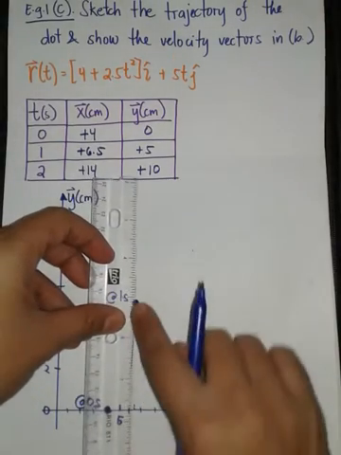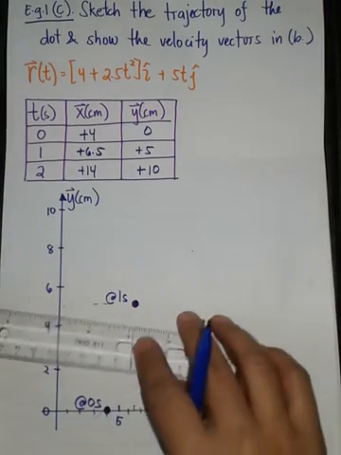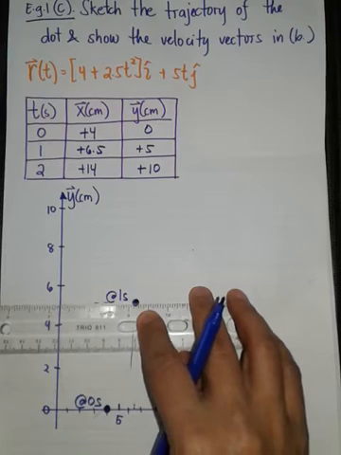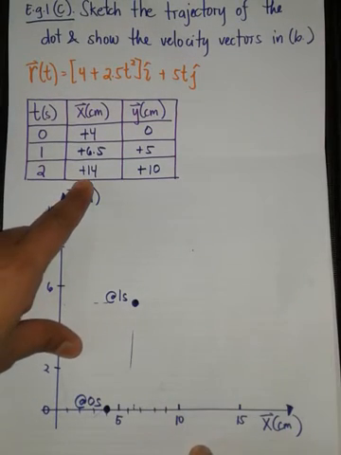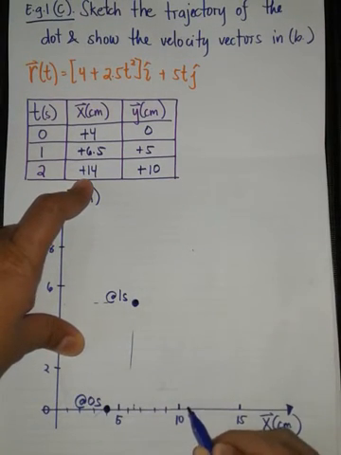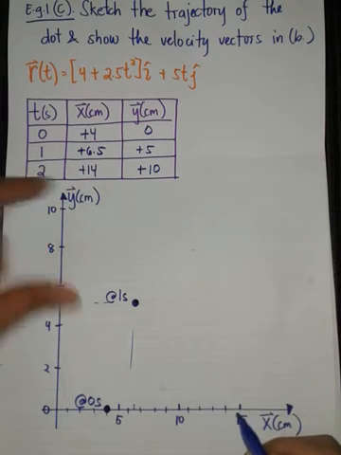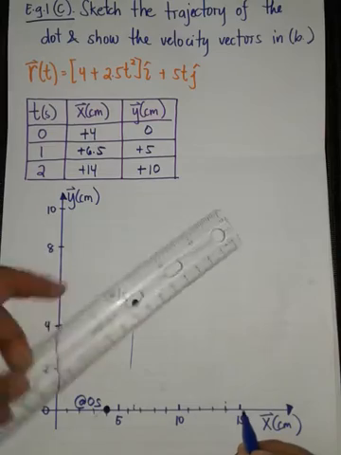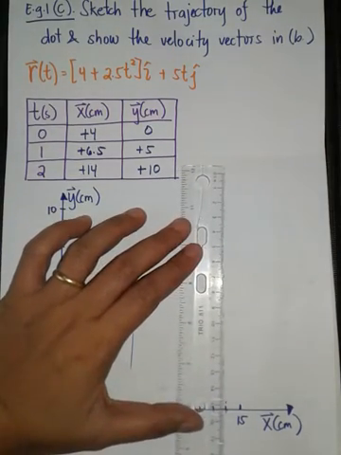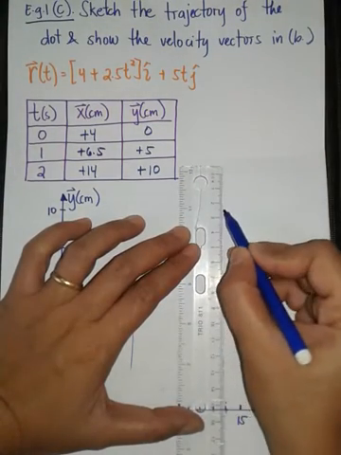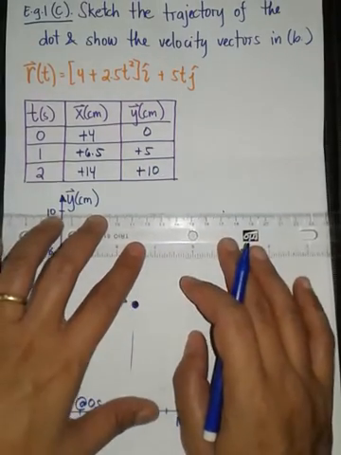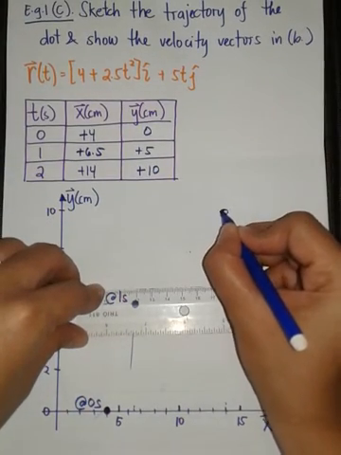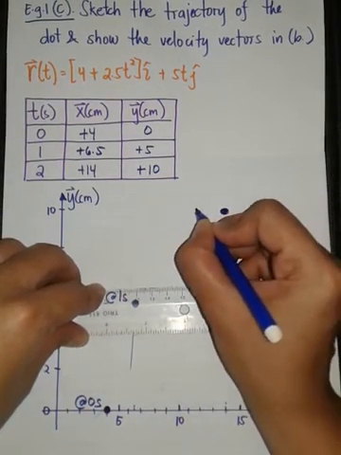So you have 6.5 in x and around positive 5 in y. Finally, positive 14: 11, 12, 13, 14, and then 10 in y. So we use the ruler. This is where the dot is at 2 seconds.